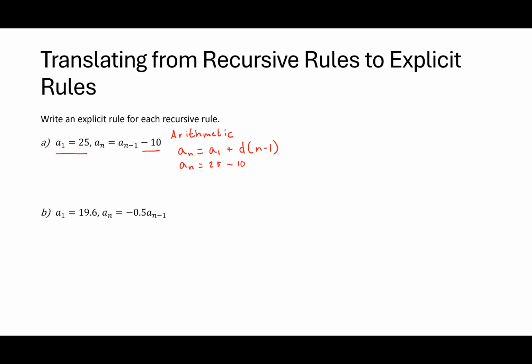I'm minusing 10. How many times do I minus 10? n minus 1 times. Great. So we found our first term and the common difference. All right, let's look at this next one. We notice we're multiplying here, so this is going to be a geometric.